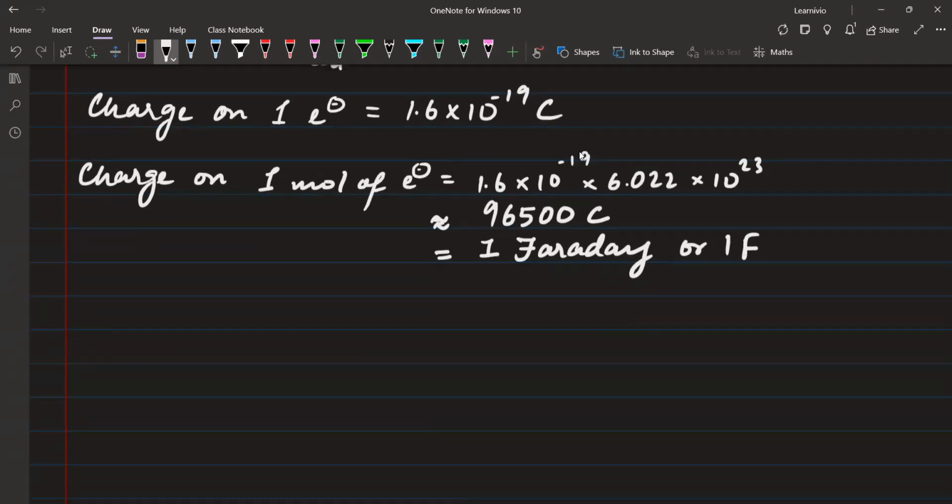Now, in our reaction, we cannot specify whether we are going to have 1 mole, 2 moles, 3 moles; 6 moles also we have seen, right? In the case of nickel 2 positive and aluminium 3 positive, we will be having 6 electrons.